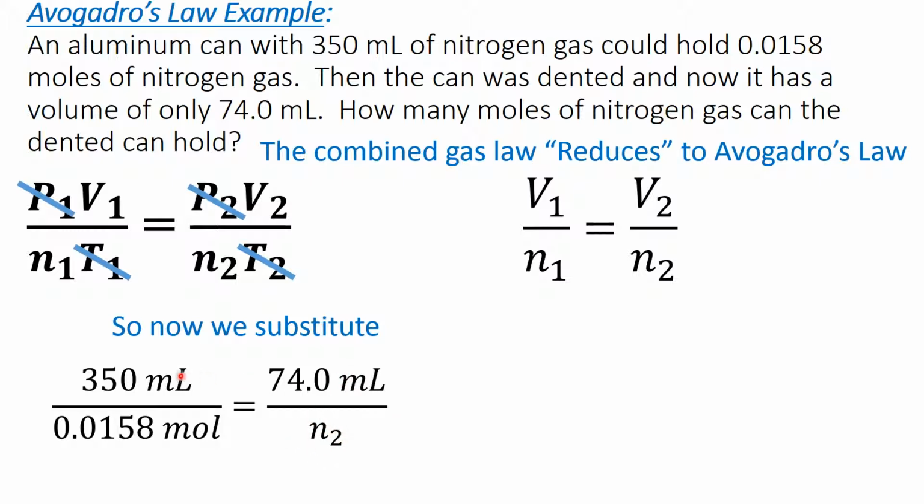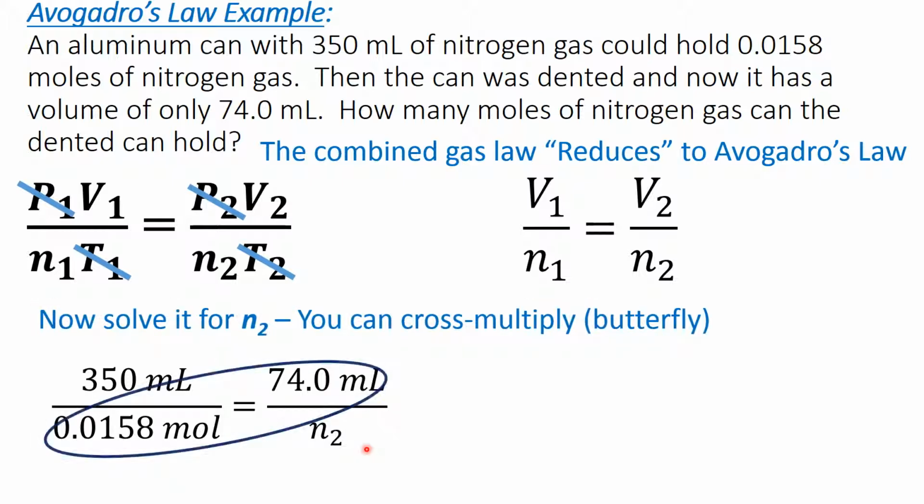So when we do our butterfly like this, we start with the one that goes diagonally this way, multiply these two together, and then divide by this one, and it equals N2.